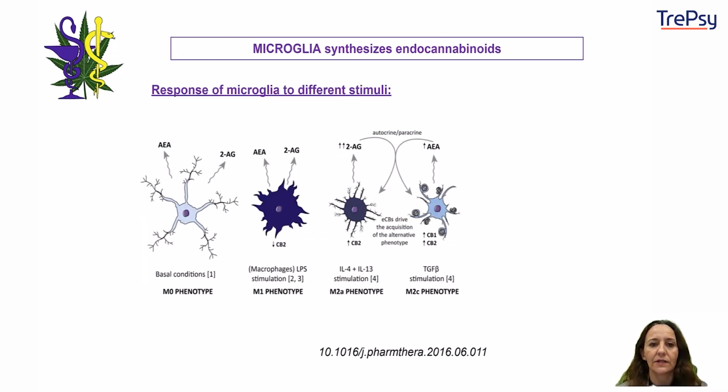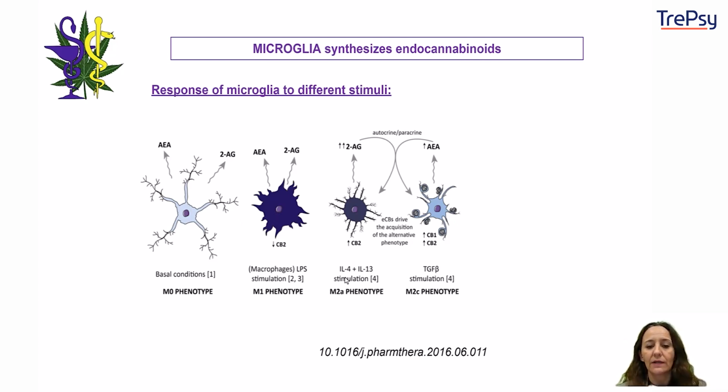So in this image we go to a deeper differentiation of microglia cells. We observe the non-activated basal condition of the microglia in here, then an M1 phenotype, which is the pro-inflammatory, and in this case we observe that CB2 is downregulated.